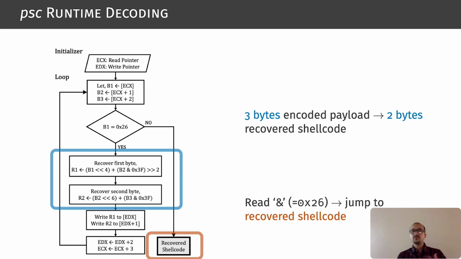This is essentially to signify to the decoder that it's the end of decoding and the original shellcode has been recovered. Note that ASCII 26 is actually outside the range of the encoded payload sequence. Hence, the ampersand will always be outside this range, so anything encoded using the encoder will never have an ampersand in it.